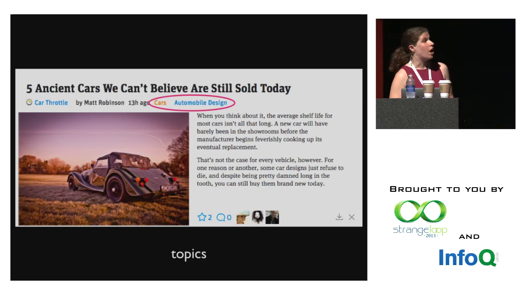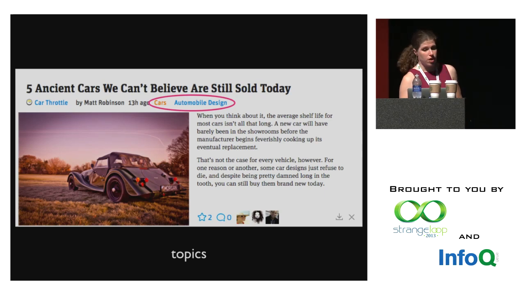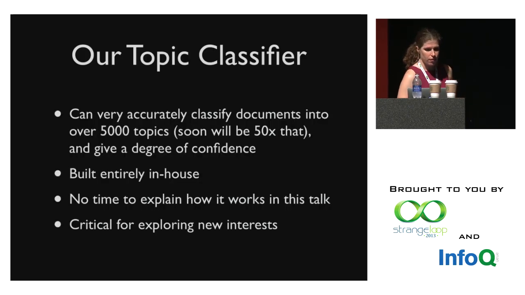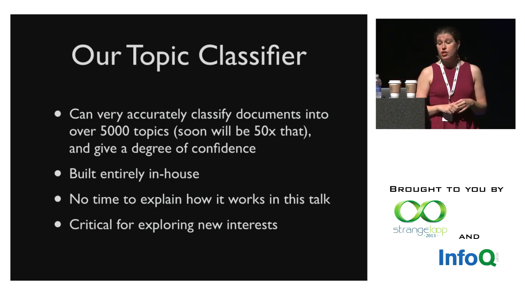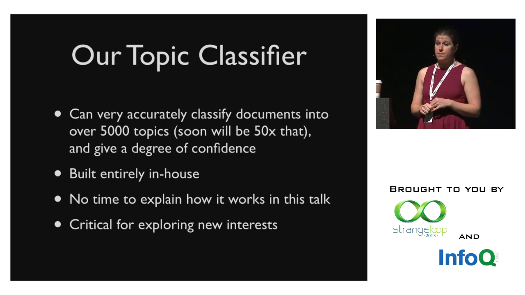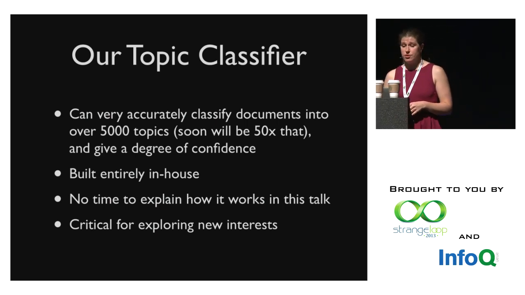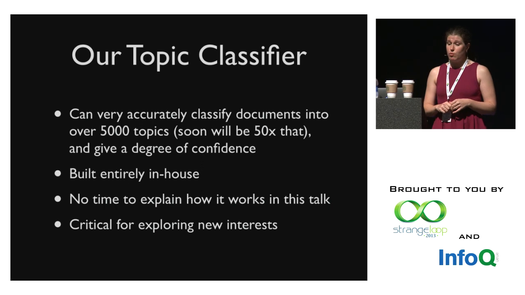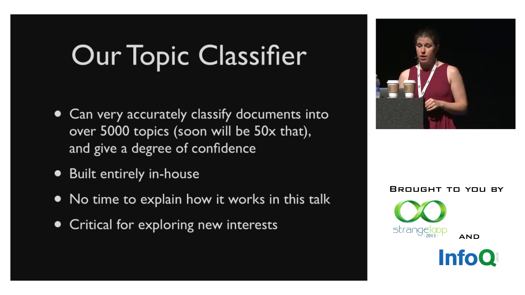Documents also get labeled with topics. So for this article, it's cars and automobile design. I want to go into a little bit of detail here about our topic classifier. Our topic classifier can classify articles into over 5,000 topics, and we're actually about to do a major expansion to extend that list by orders of magnitude. Documents can be labeled with multiple topics, and the classifier will give a degree of confidence for them.